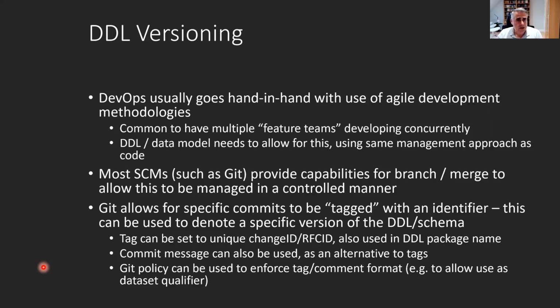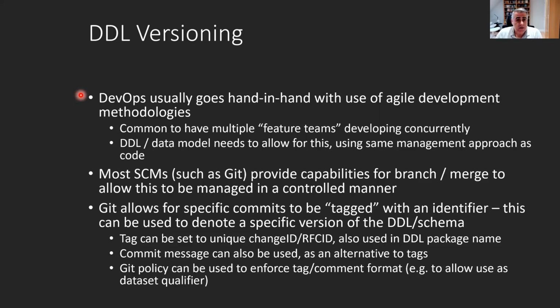As I said on the slide here, DevOps normally goes hand in hand with agile methodologies. They've all got a similar ethos in terms of reducing cycle times, improving time to market, and speeding up the delivery of change in a reliable and robust fashion.